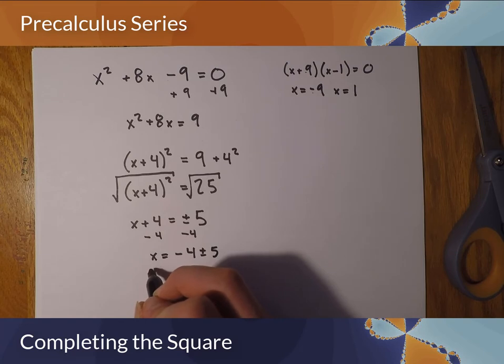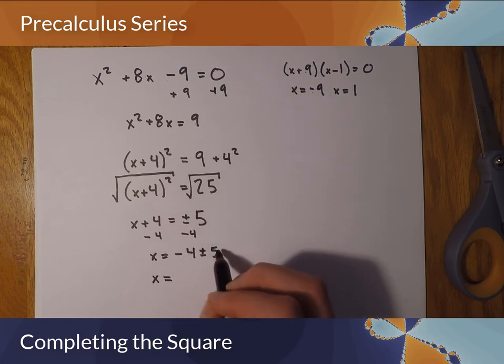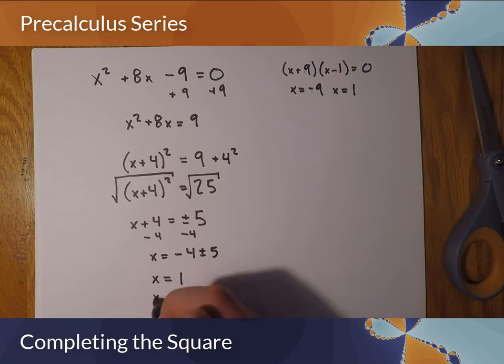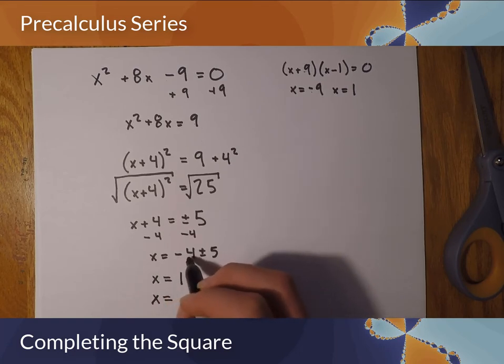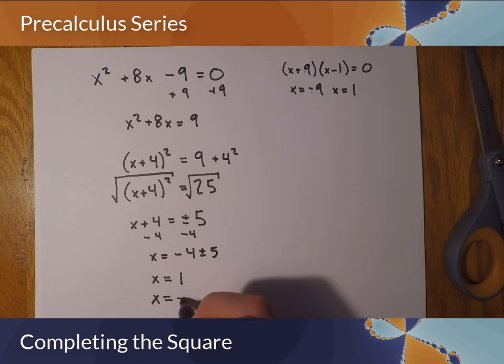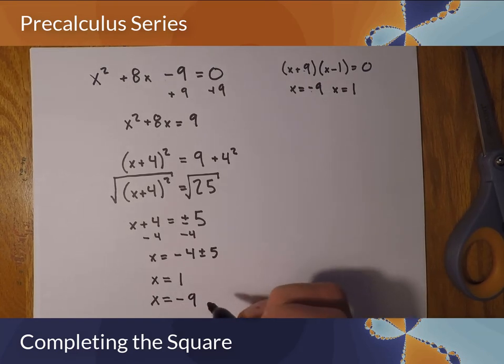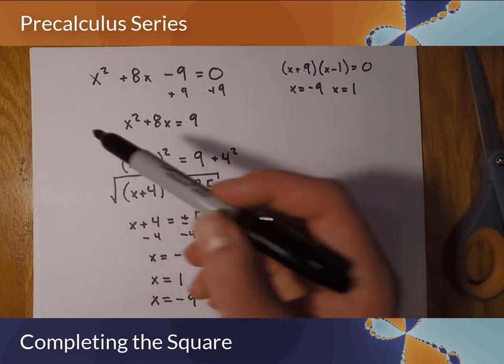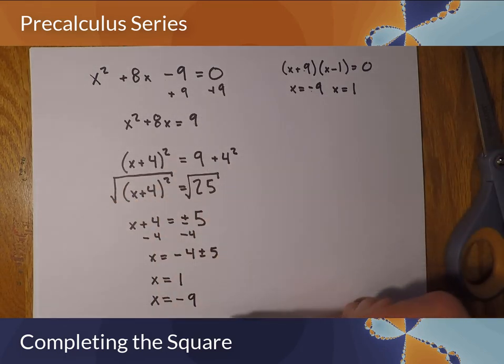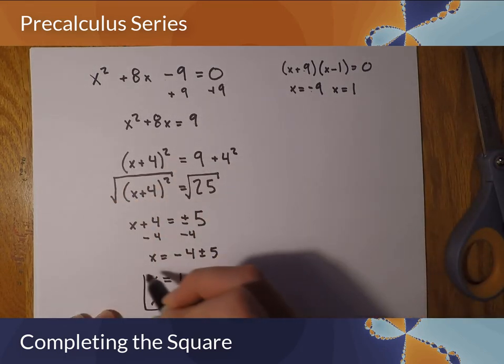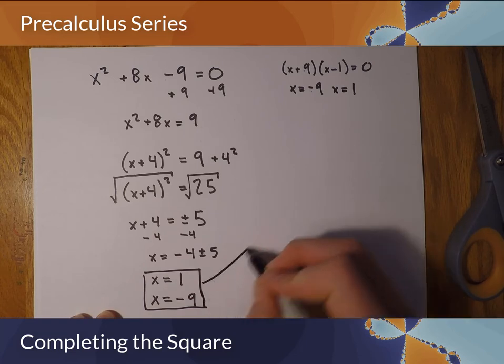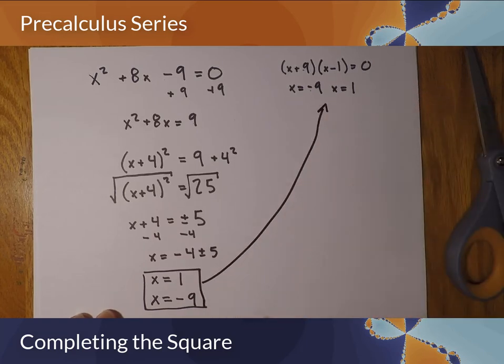So x is equal to 1, which becomes negative 4 plus 5, and x is equal to negative 9 because negative 4 minus 5 is negative 9. And so that's how you would use the completing the square method to solve this problem. So here are your solutions, and you can see that these solutions are identical to those solutions.